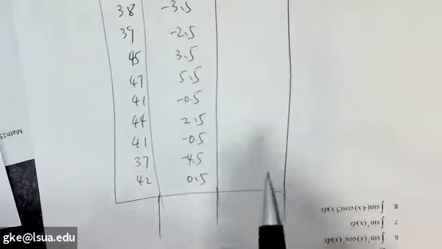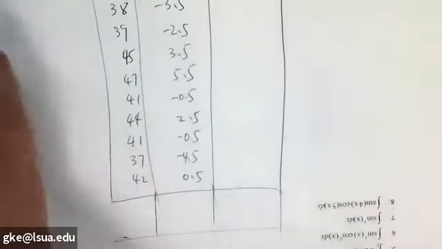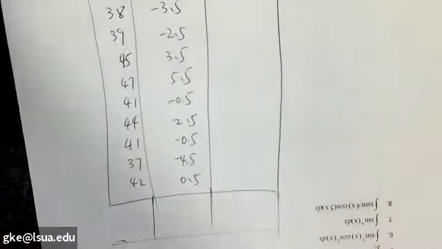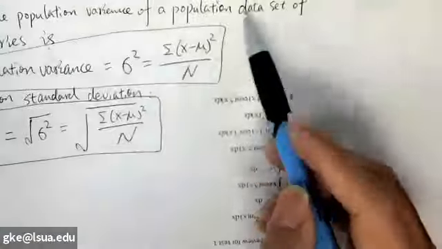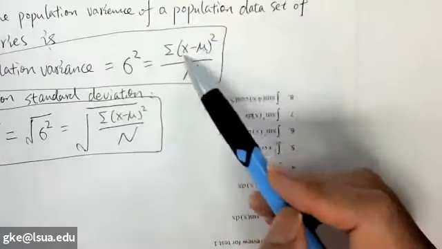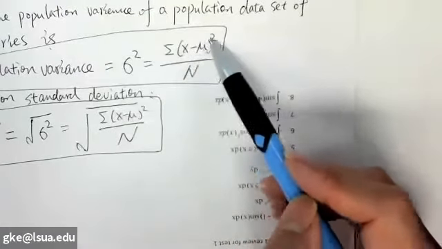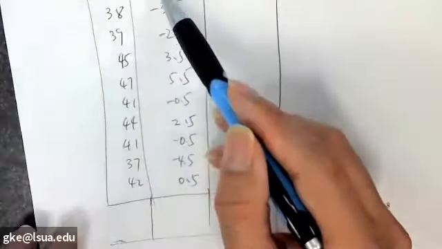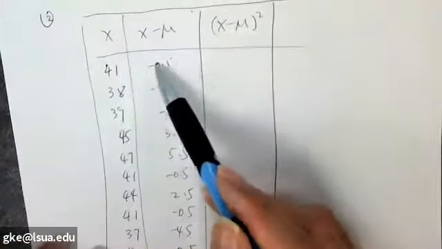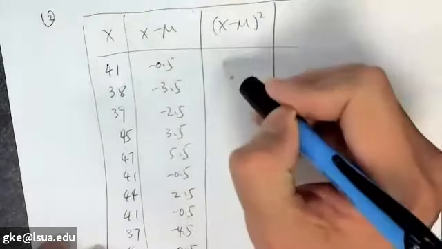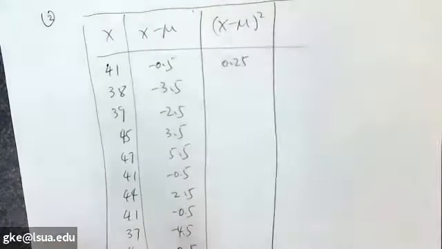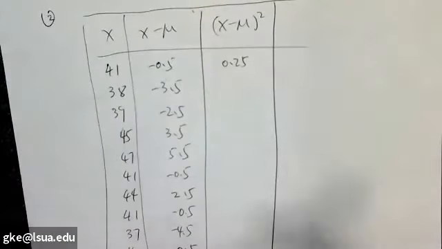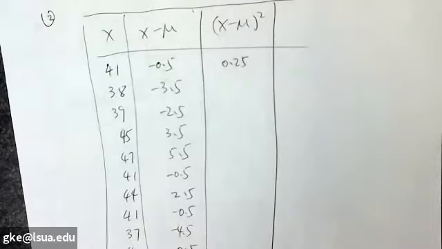We're going to do the square, x minus mu square, because I mentioned we need the square. We don't want x minus mu, we want the square. Negative 0.5 squared is going to be a positive 0.25, right? Negative becomes positive.